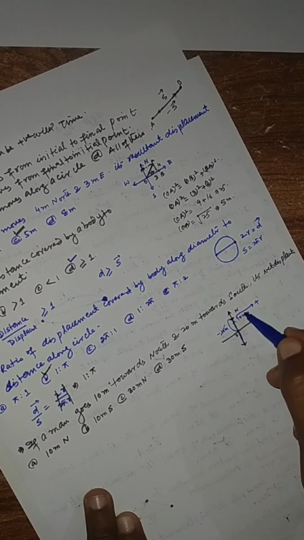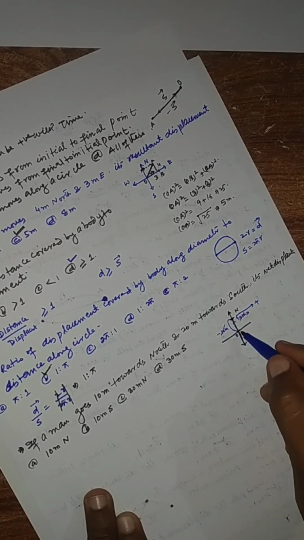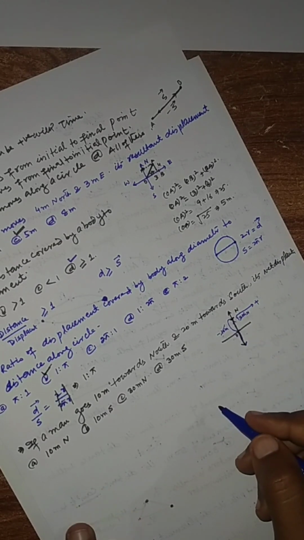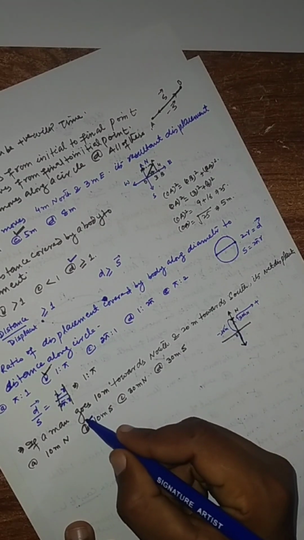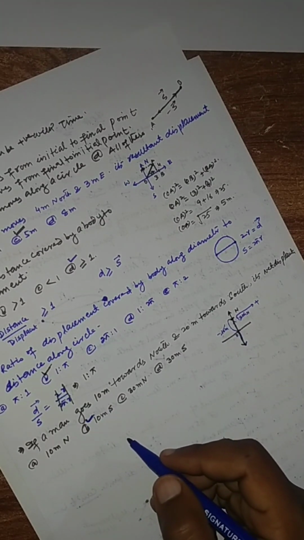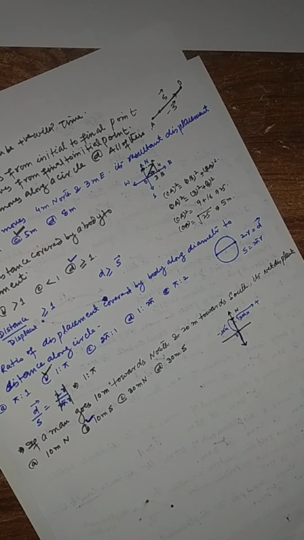So plus 10 minus 10 gets cancelled, the remaining 10 will be in the south direction, so the resultant displacement will be 10 meters in the south direction. So these are some MCQs based upon displacement.